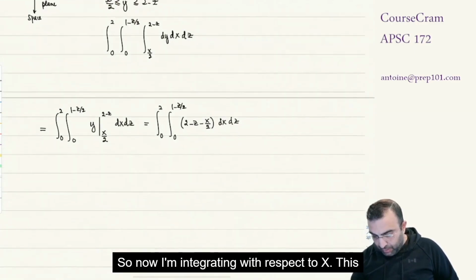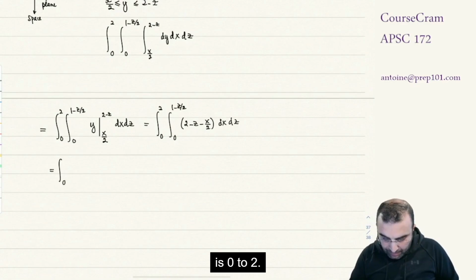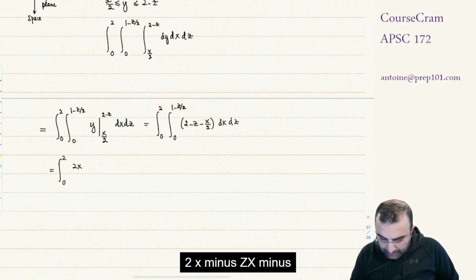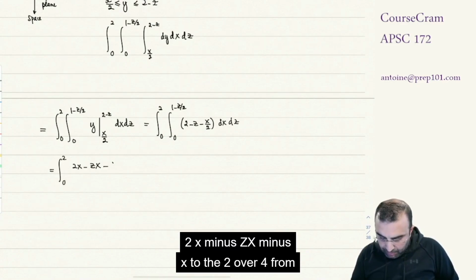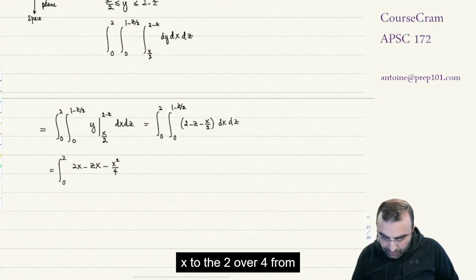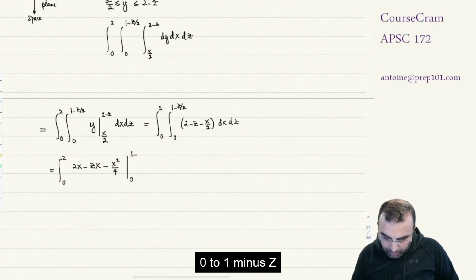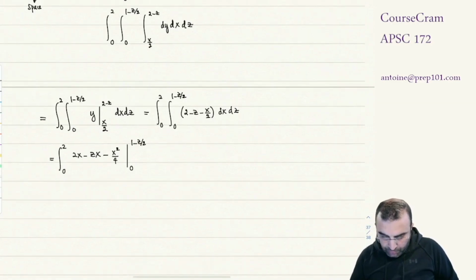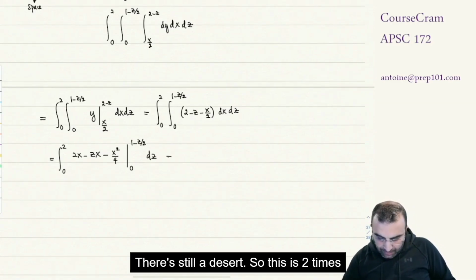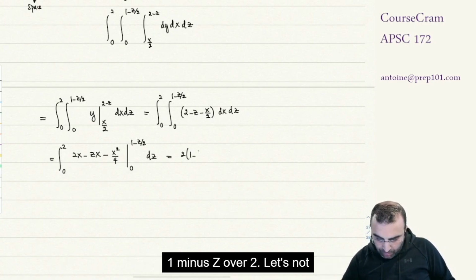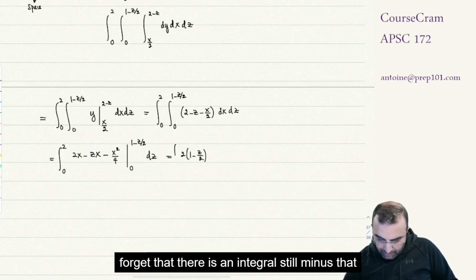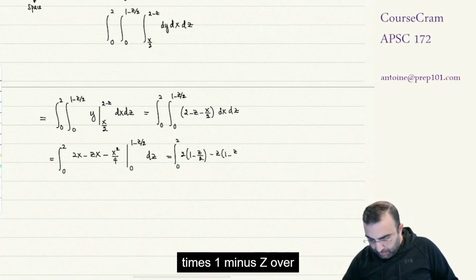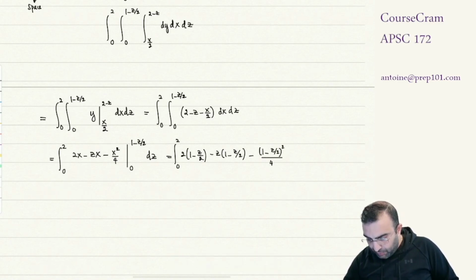So now I'm integrating with respect to x: 2x minus zx minus x squared over 4 from 0 to 1 minus z over 2. There's still a dz, so this is 2 times 1 minus z over 2, minus z times 1 minus z over 2, minus 1 minus z over 2 squared over 4.